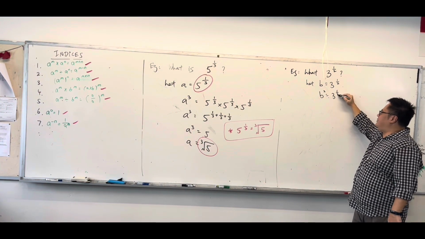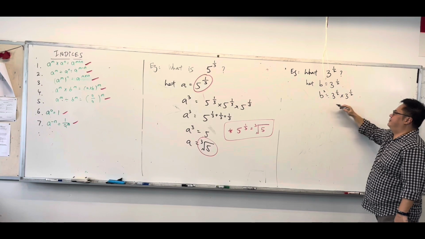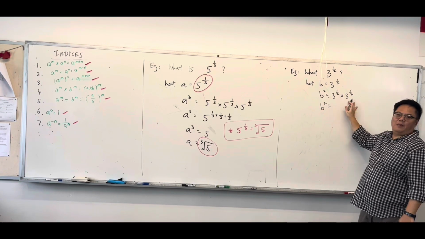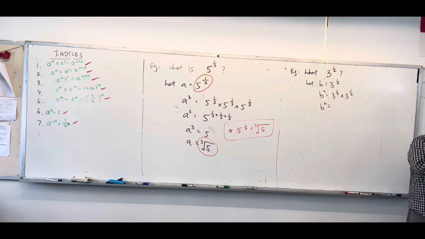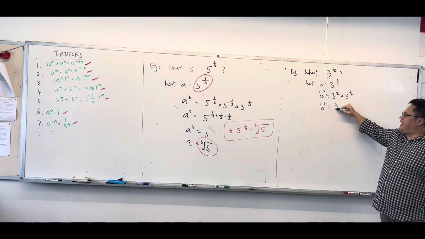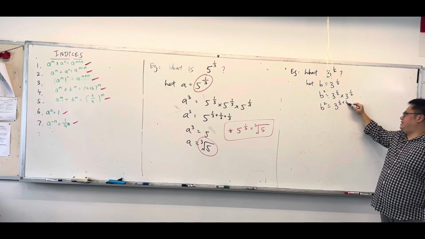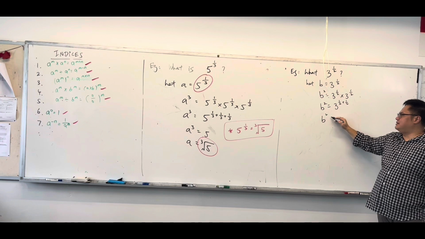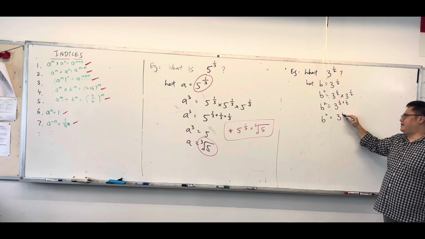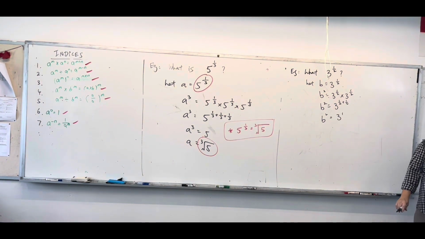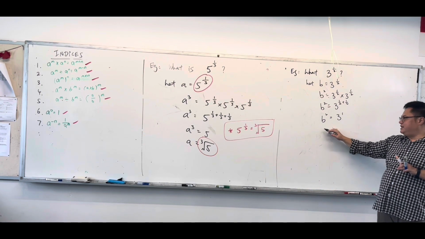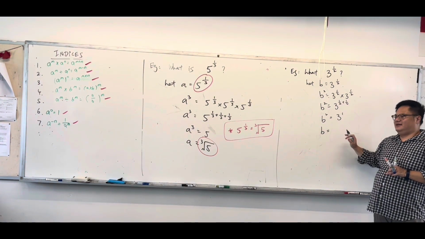That means 3 to the power half times 3 to the power half. Multiply two expressions with the same base, what do I do with the power? I can add them. So half plus half equals what, somebody? 1, right? If B squared equals 3, what is B equal to, somebody?